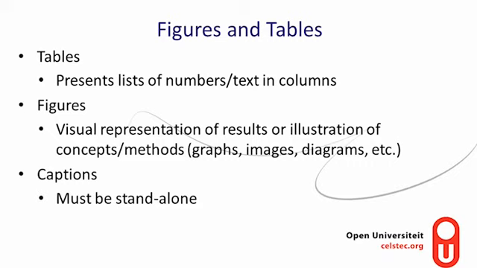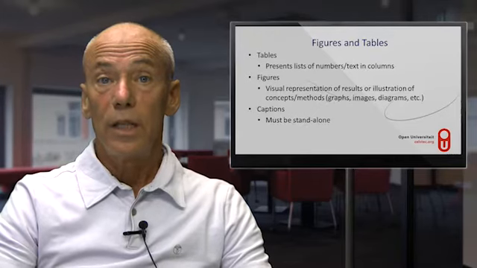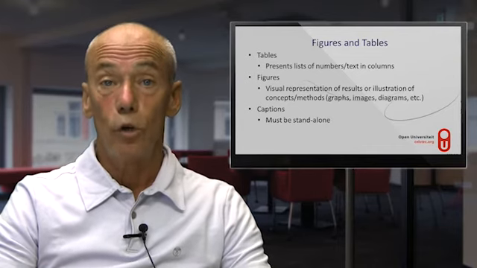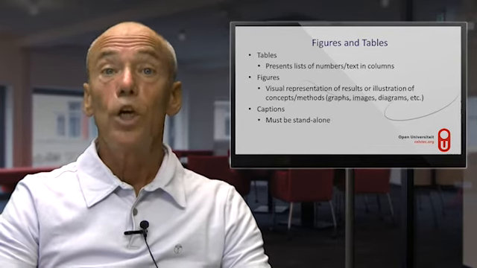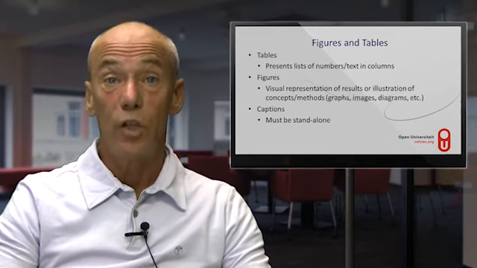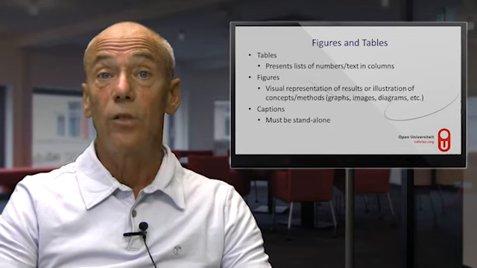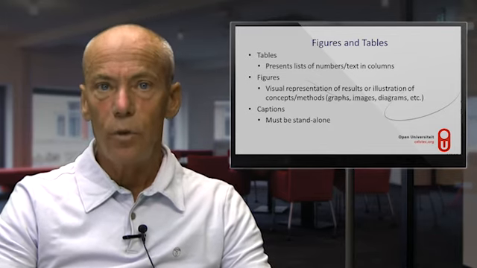And finally, tables and figures should have captions, and they also need to be standalone. That means the person looking at the diagram or looking at your table should be able to understand the table or understand your figure without going back into the text, which means your title has to be good.